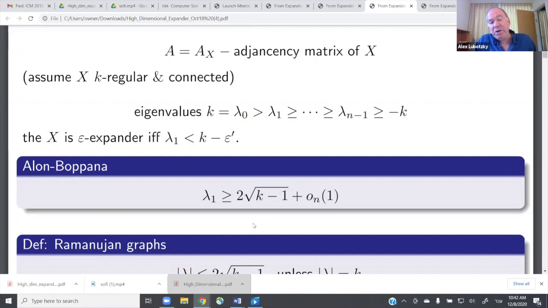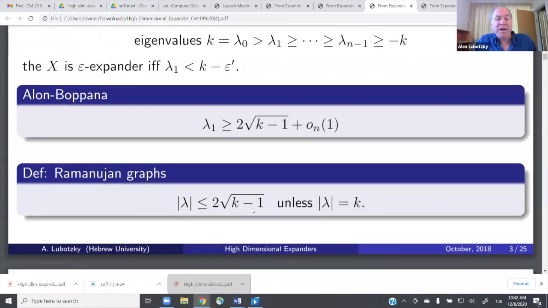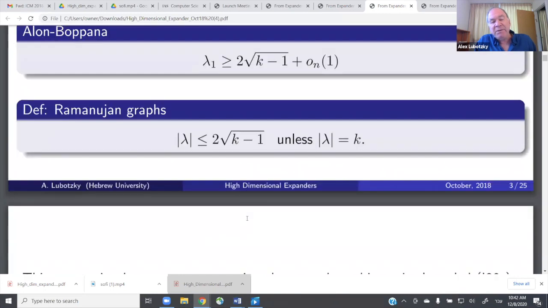So the best you can hope is that this will be the bound, and we will call a graph a Ramanujan graph if all the non-trivial eigenvalues are indeed bounded by this number.